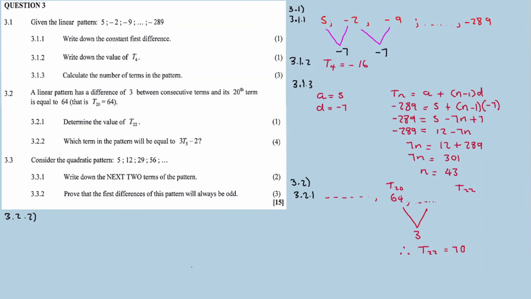3.2.2. Which term in the pattern will be equal to 3 times T5 minus 2? We want to know which term is equal to this value.